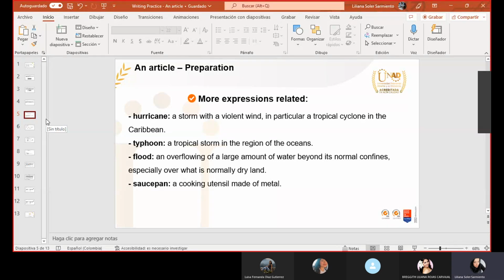Continue, Hersain, please. Could you read flood? Flood: an overflowing of a large amount of water beyond its normal confines, especially over what is normally dry land. Yes, exactly.